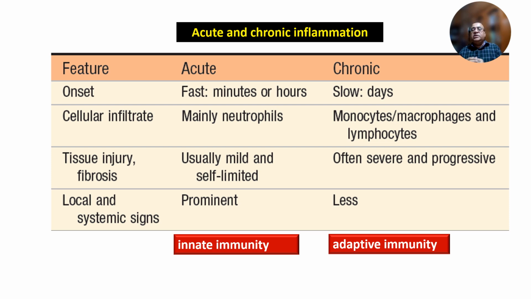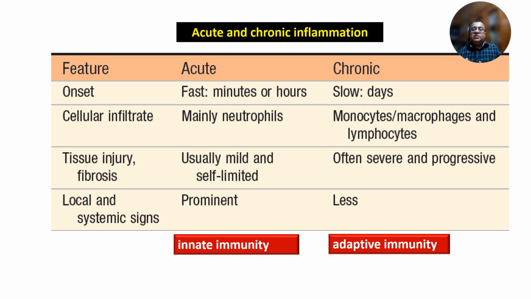The tissue injury and extent of fibrosis in acute inflammation is usually mild and self-limited, while in chronic inflammation it is severe and going on continuously: progressive inflammation, progressive tissue injury, and fibrosis.